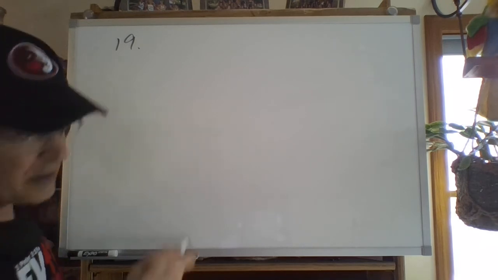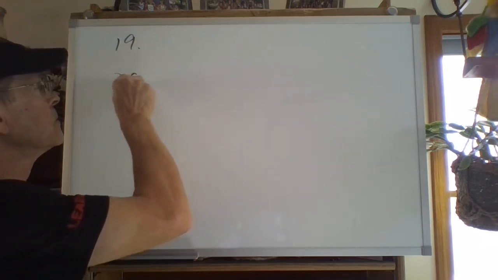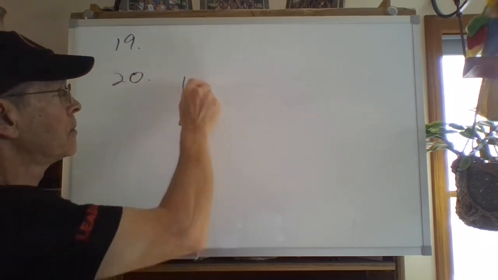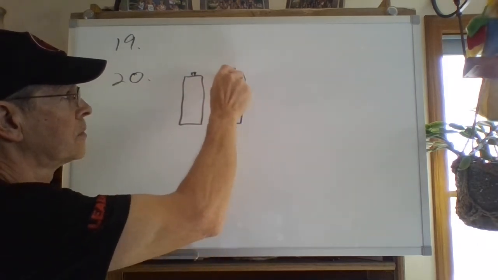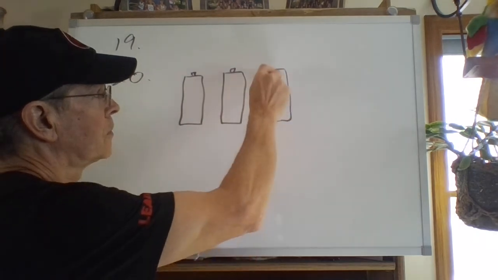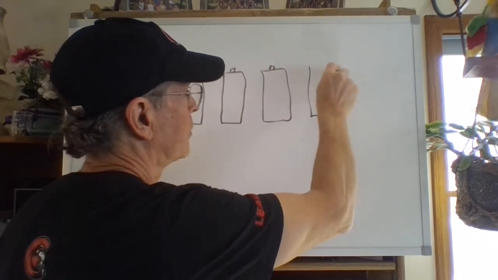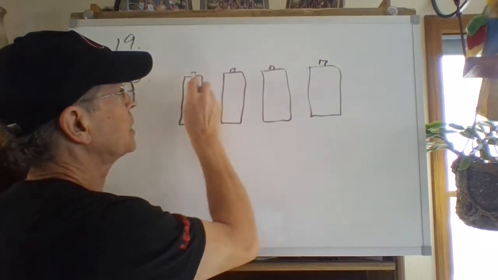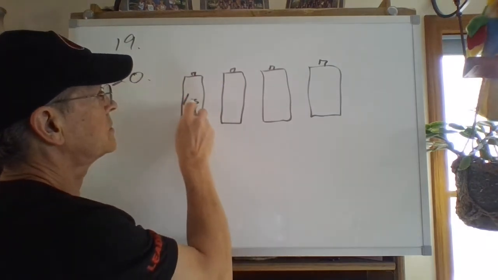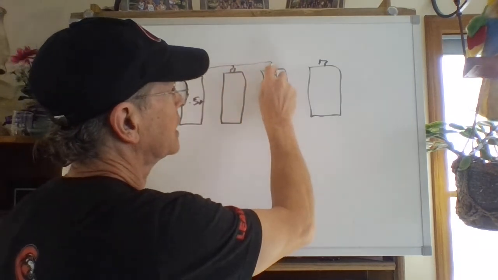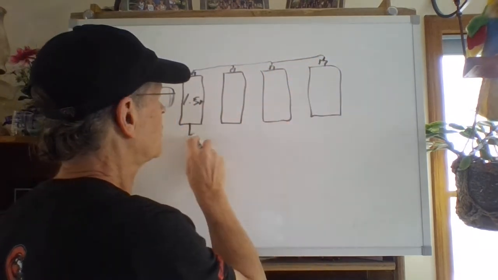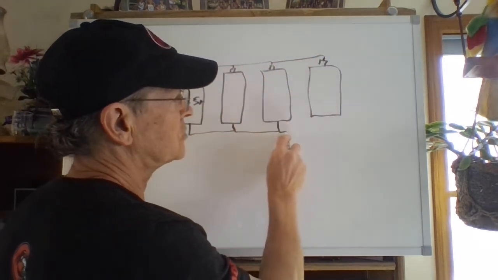What if they were in parallel? Number 20. They would look like this. They get bigger as they go. But there's still a coulomb of charge. Connect all the tops. Connect all the bottoms. This would be like jump starting your car.